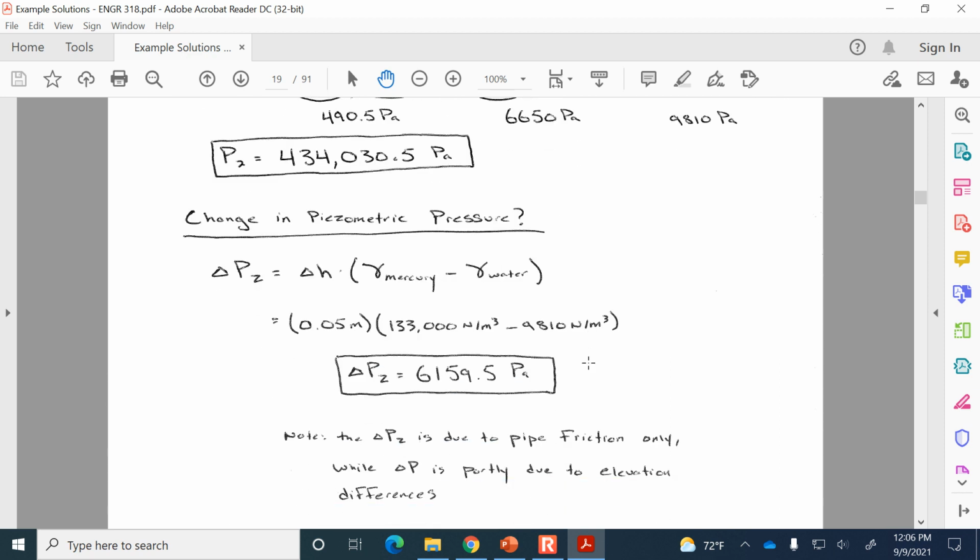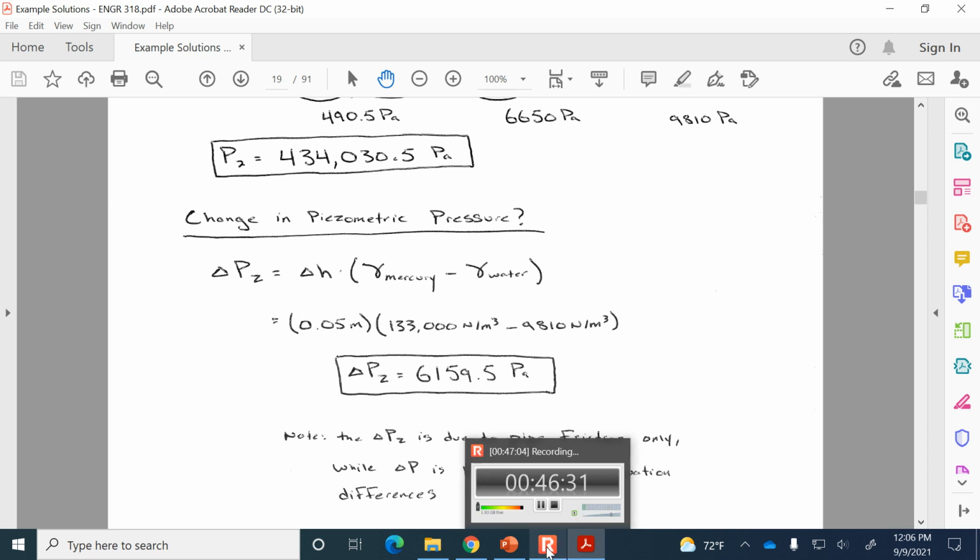So remember, part of the pressure change was because of the elevation difference, and part of it was due to the pipe friction. So this P sub z is already taking into account the elevation difference between the 2 points. And so this is how much is due to the effect of the pressure exerting a friction.